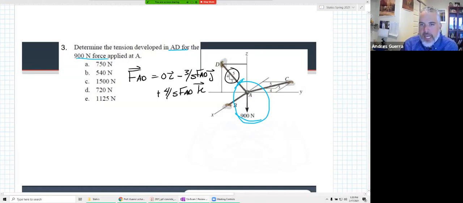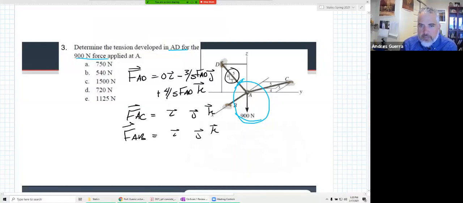So even though AD could have an X, a Y, and a Z, if we write out the vectors for each of those, FAC here, we do the same thing. We write out the I, the J, and the K. And then if we did FAB and wrote out the I, the J, and the K, and then let's also include the weight, or the force applied, whatever that 900 newtons going down is, that would be a 0I, a 0J, and a minus 900 K hat.